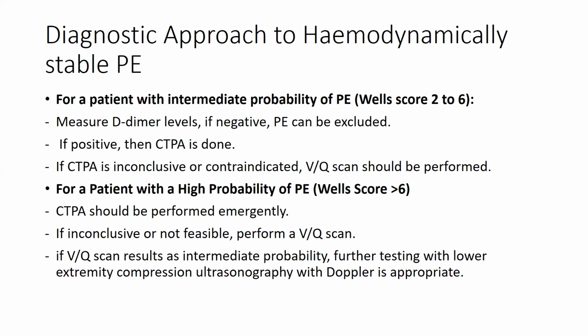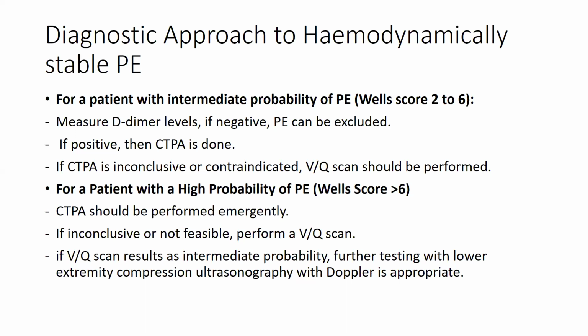Now, for patients with high probability, Wells score greater than 6, you want to go ahead and perform your CTPA immediately as an emergency. If you are not convinced, you want to do a VQ scan. If the VQ scan results are intermediate probability, further testing with lower extremity compression ultrasonography with Doppler will be appropriate.